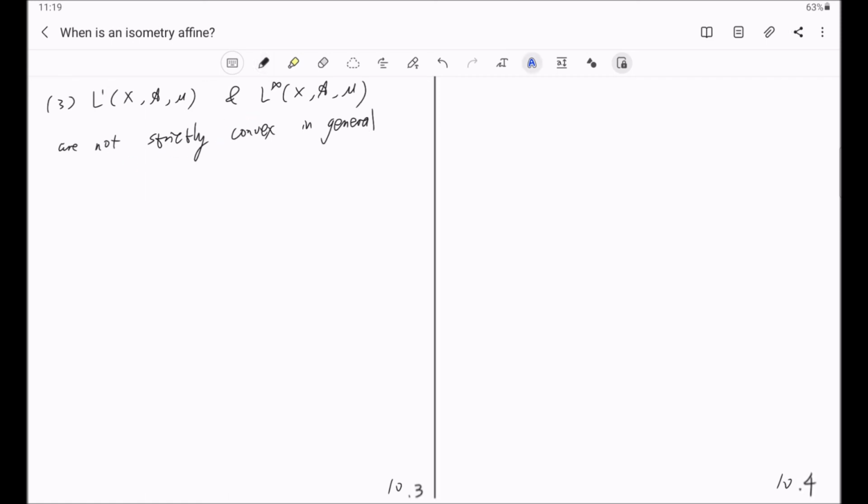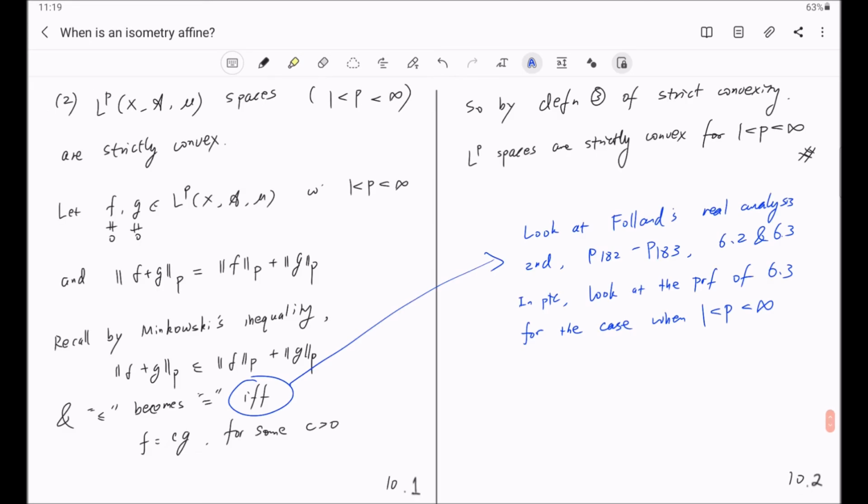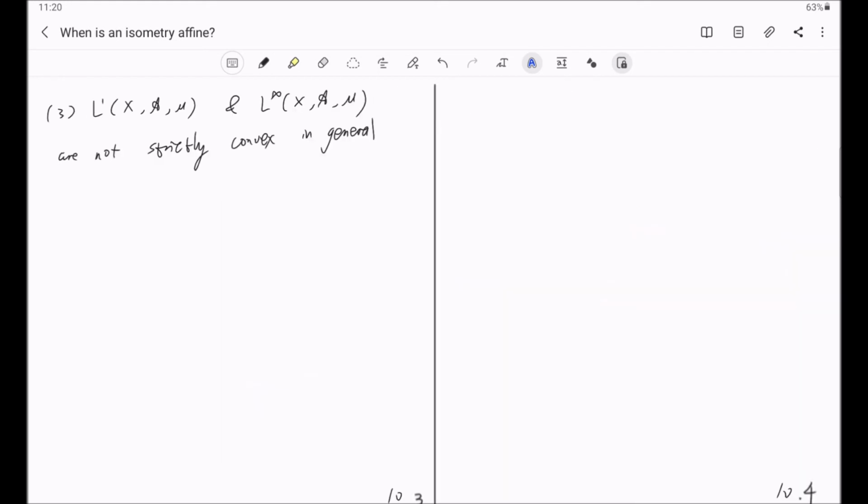This is essentially due to the fact that when p is equal to 1 or infinity, for Minkowski's inequality to become an equality, there's a much more complicated condition. However, to show that they are not necessarily strictly convex, it suffices for us to give some examples. Let us just look at the two-dimensional little lp spaces when p is equal to 1 or infinity.